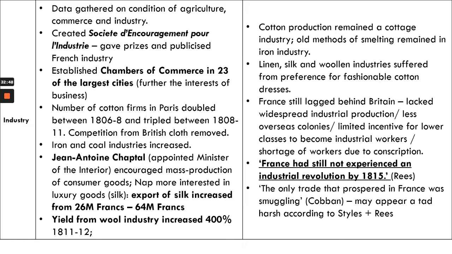He set up the Société d'encouragement pour l'industrie, which gave prizes to entrepreneurs innovating in industry, to raise the profile of it in France, I suppose. And he also created chambers of commerce, which are organisations to further the interests of business, to ensure practices are abided by, and things like competition, etc.